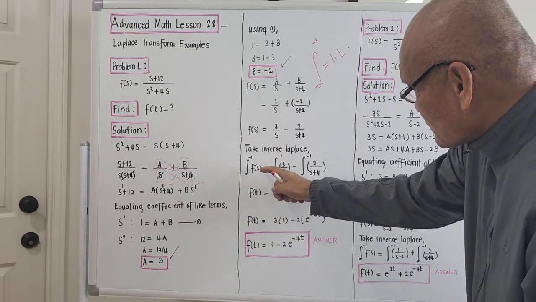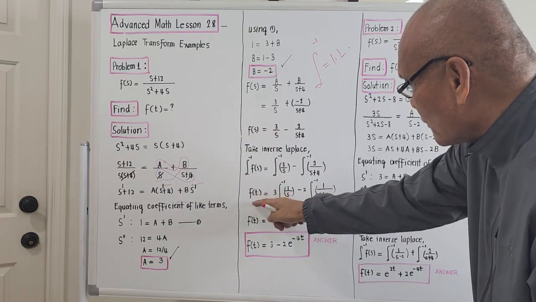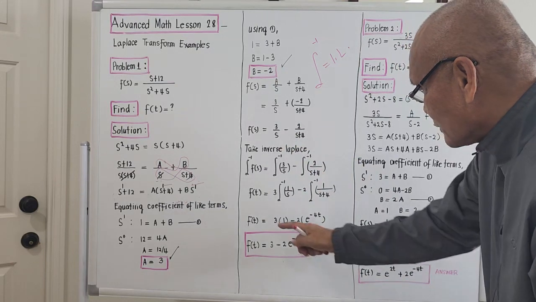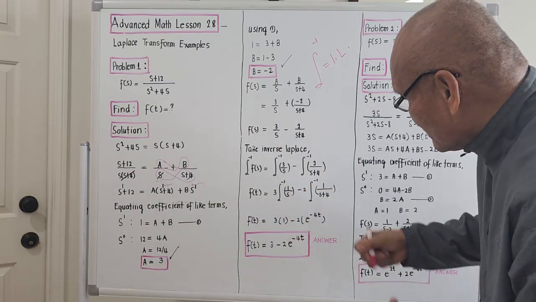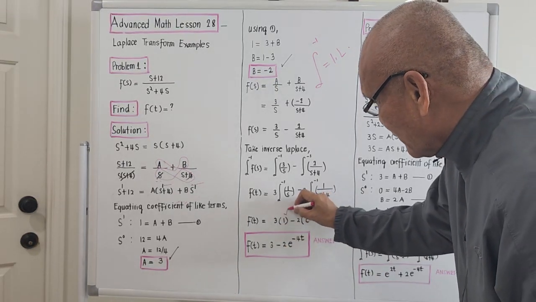The inverse Laplace transform of small letter f as a function of S is what we are looking for. Small letter f as a function of t. This should be equal to 3. The inverse Laplace of 1 over S is 1. Try to verify your table, the one we have derived.